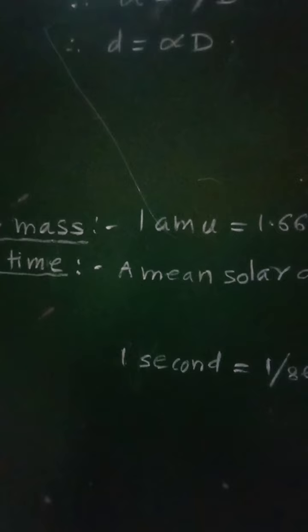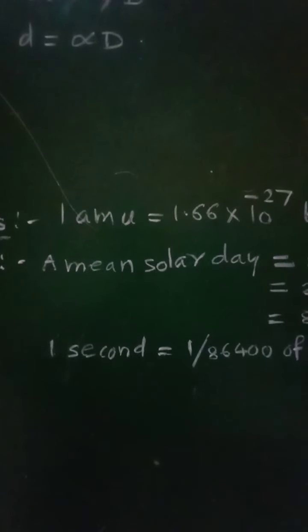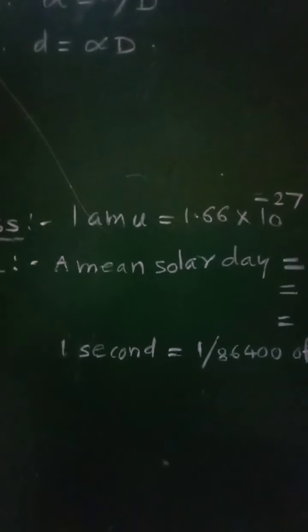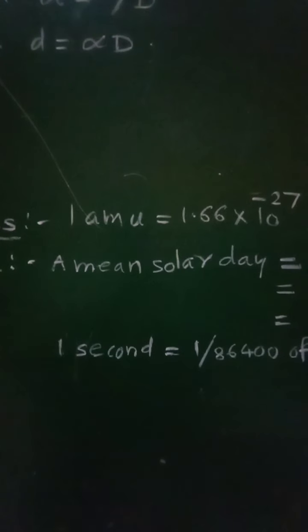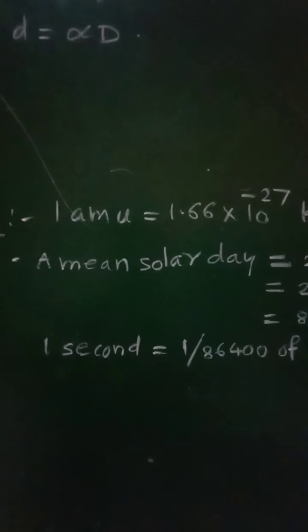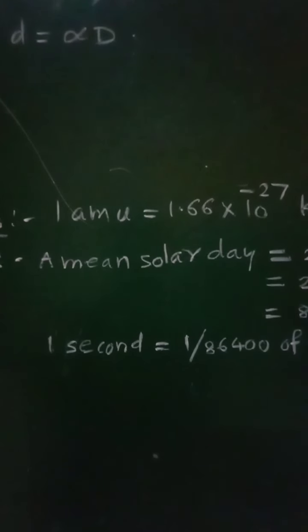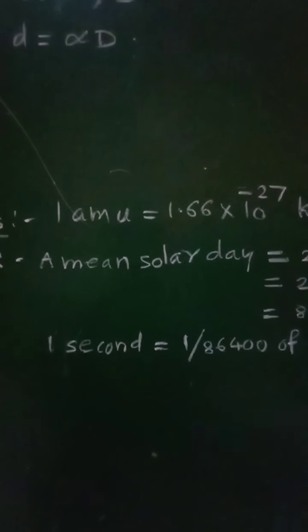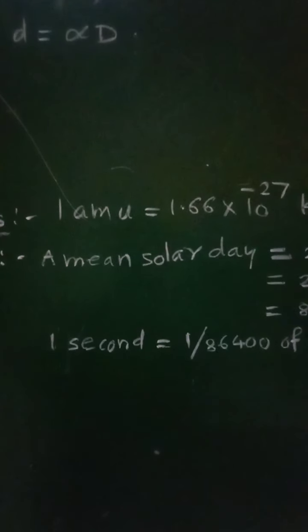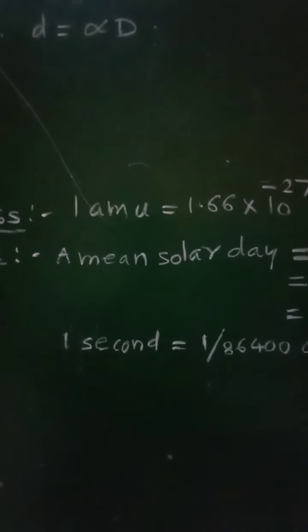In this clock, a second is taken as the time needed for 9,192,631,770 vibrations of the radiation or waves emitted during a transition between two hyperfine states of the cesium-133 atom.